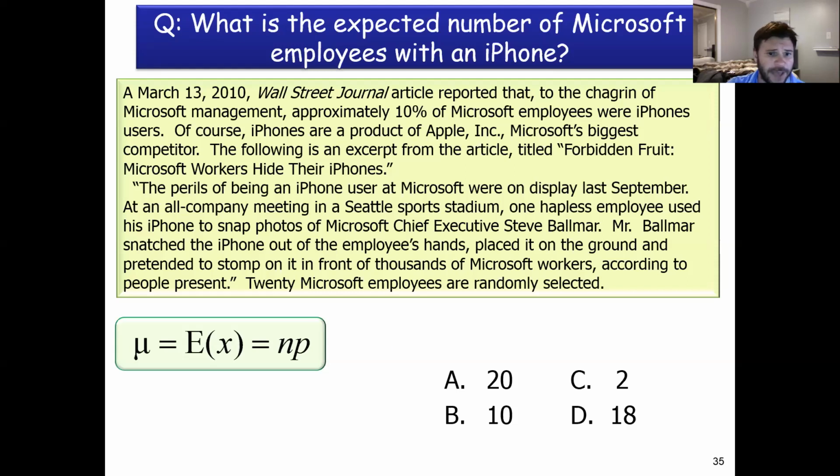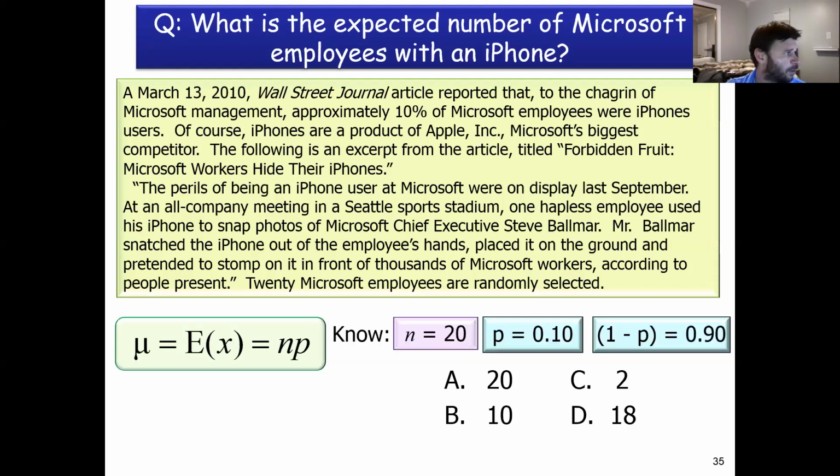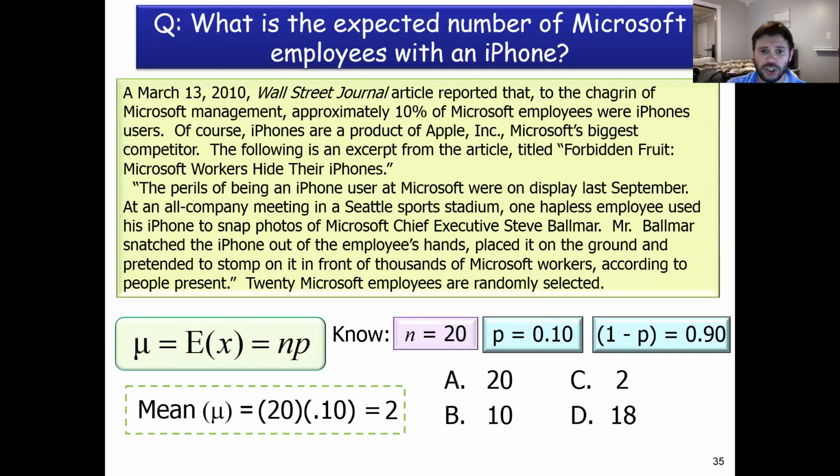Well, all we have to do given this information is apply our expected value formula for the population mean of this random process. So we would take 20 multiplied by 10%, and we'd see that on average we get a mean of exactly 2 employees out of those 20 that would have an iPhone.